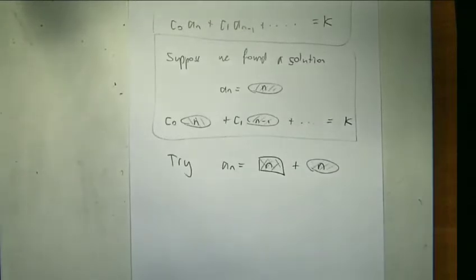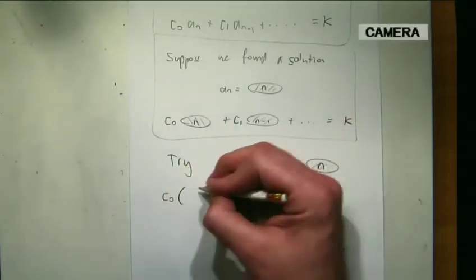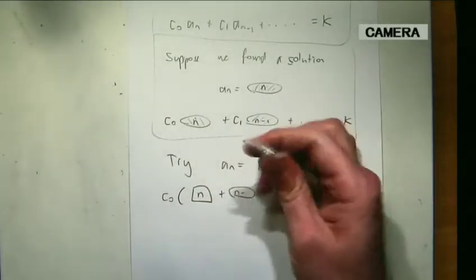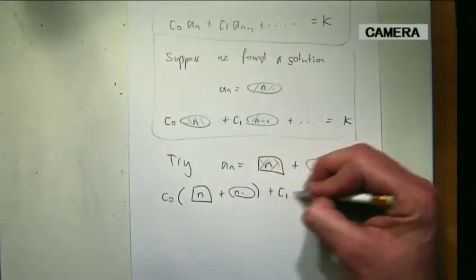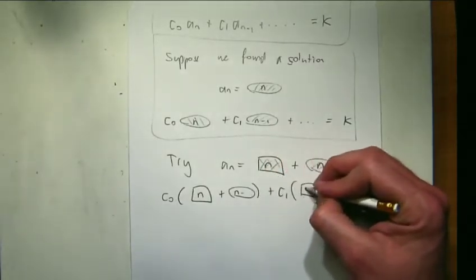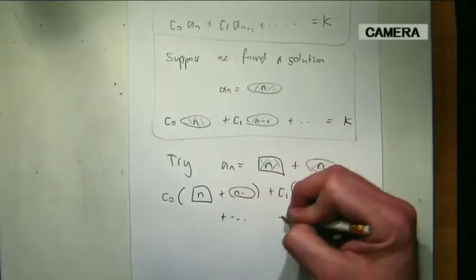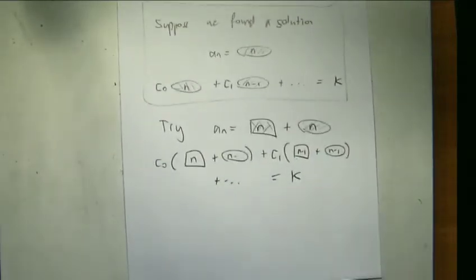I want to understand it, and then if I wanted to do a proper proof, I could put proper notation in. So C0 times AN plus C1 times, and so on, comes out to K. But because it's linear, I can expand the brackets.